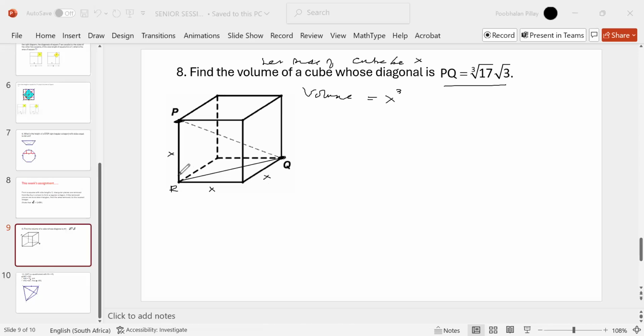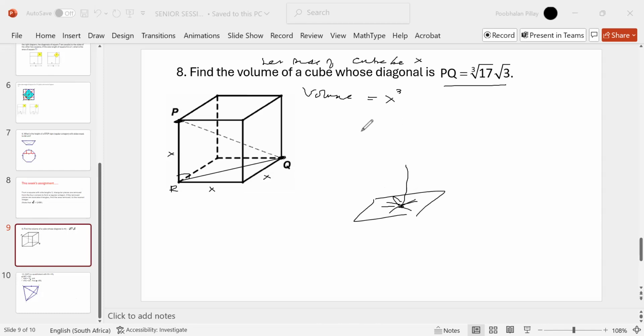So this angle here is perpendicular. All these angles are 90 degrees because this line is perpendicular to every conceivable line on the floor which meets at this point.